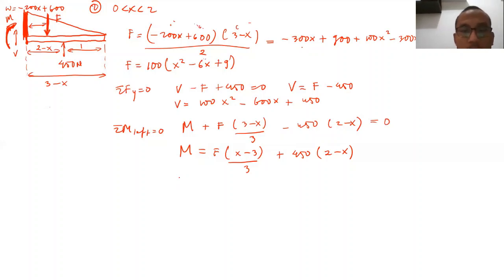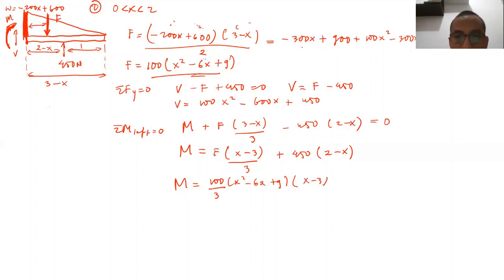So now if we use this F here, what I will get will be 100x squared minus 6x plus 9 multiplied by x minus 3 divided by 3.